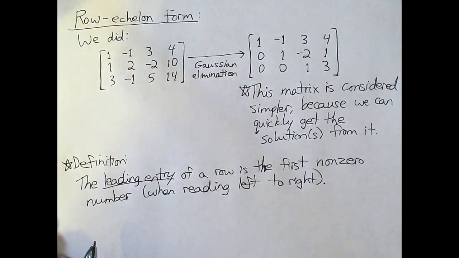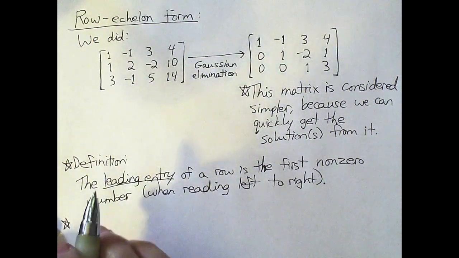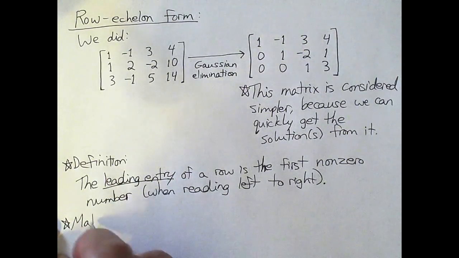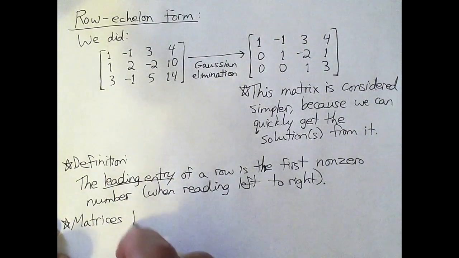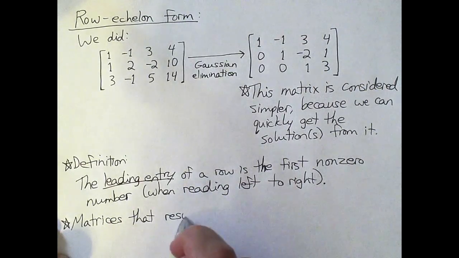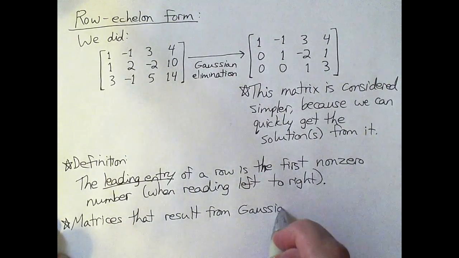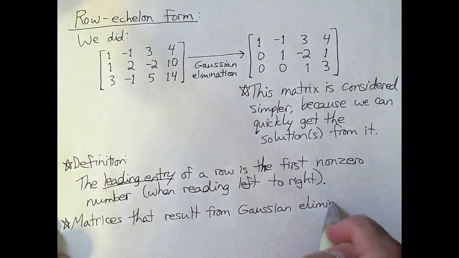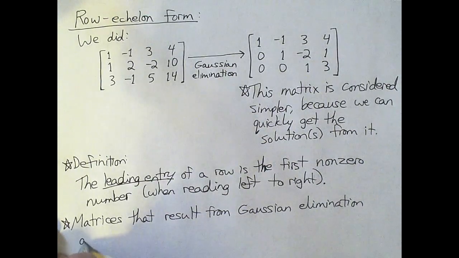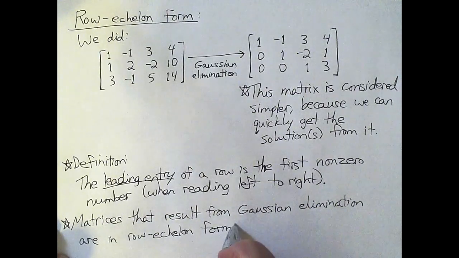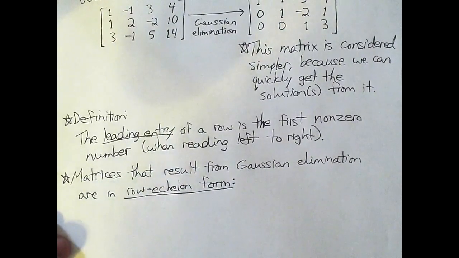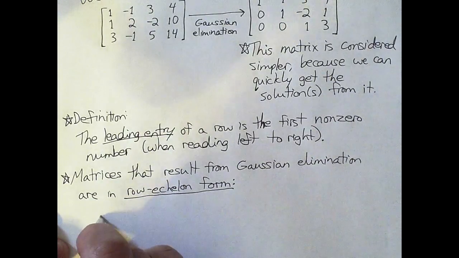So, now I can tell you about row echelon form. Matrices that result from Gaussian elimination are in row echelon form. And row echelon form could be described as having two properties.